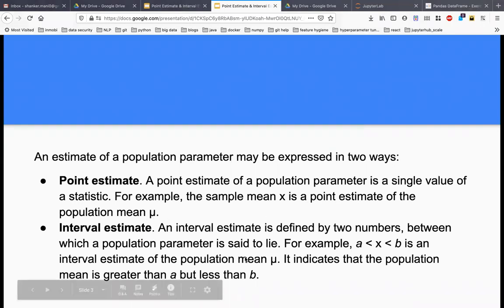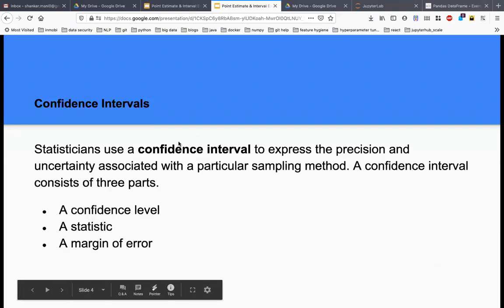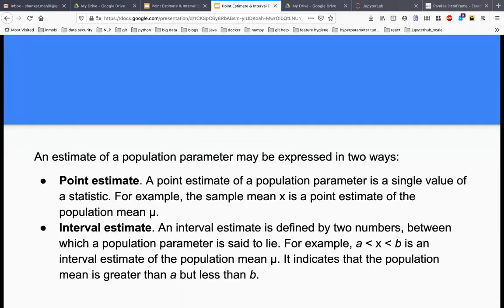Interval estimate: an interval estimate is defined by two numbers between which the population parameter is said to lie. For example, A less than X less than B is an interval estimate of population mean mu. It indicates that the population mean is greater than A but less than B. So that's what we have discussed so far.